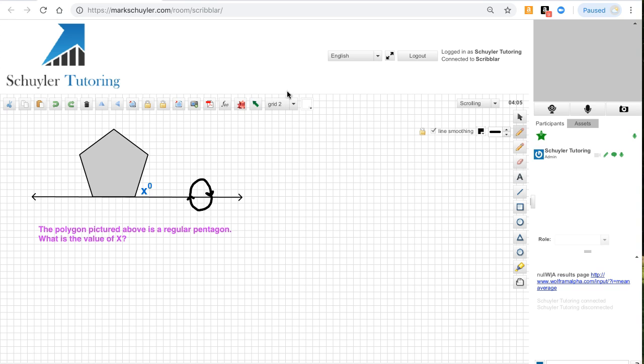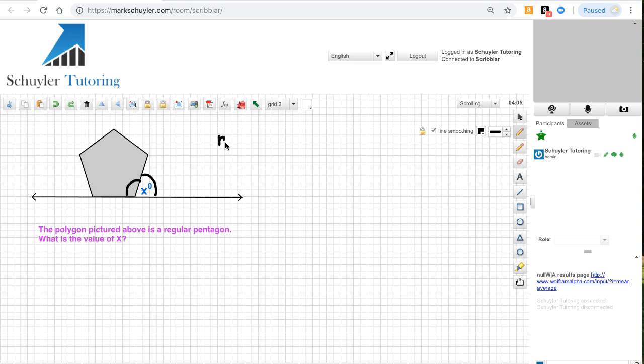So there are 180 degrees above a straight line. And we're being asked to figure out the value of x. Well, you can't figure out this angle if you don't know this angle. So that's where the degrees in a polygon formula kicks in.